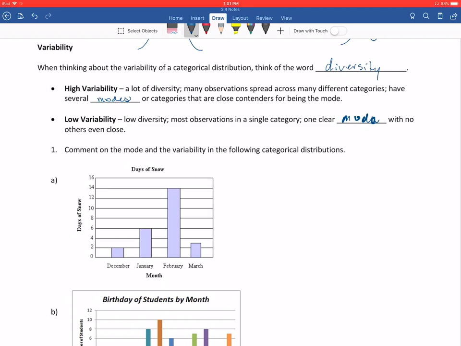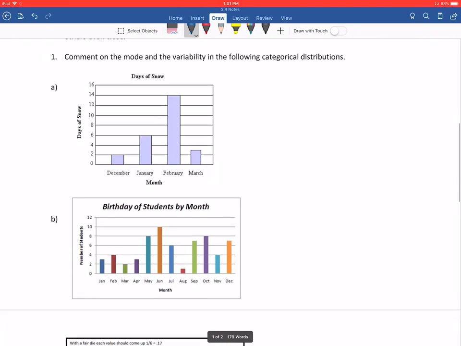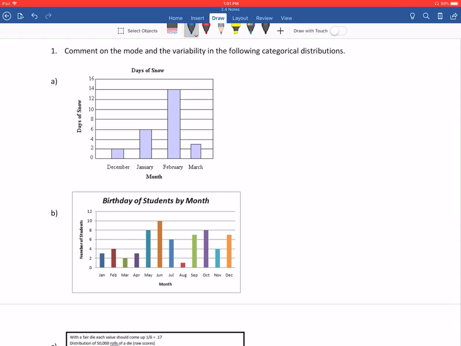Okay, let's look at a few distributions then, and let's comment on the variability and the mode in these. So the first one, we have days of snow in 4 different months. Categories across the bottom are our months, and then we have the frequencies of our days of snow. Looking at this one, at first glance, I would say there is one very clear mode here, February. 14 days is much, much higher than the next contender, 6.